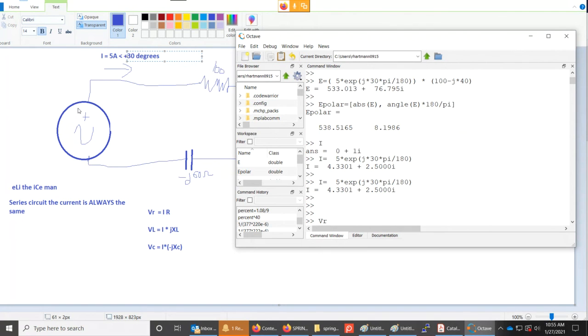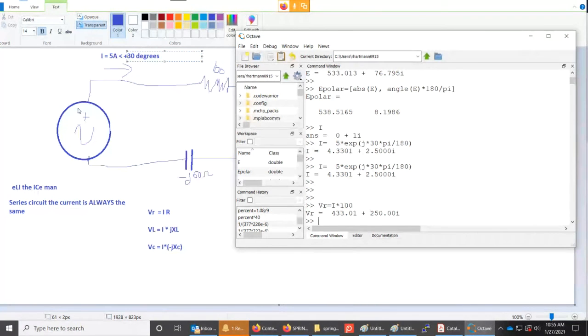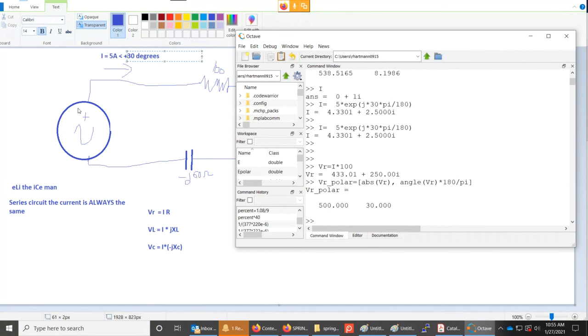So now I can type VR is equal to I times, and R was 100 ohms. And then I can do VR underscore P, hit the up arrow key, and convert that into polar form, which is 500 volts exactly, at an angle of plus 30 degrees.